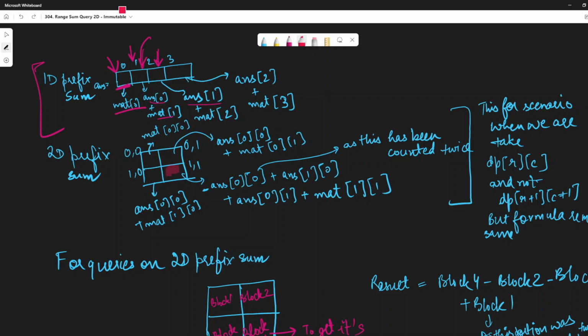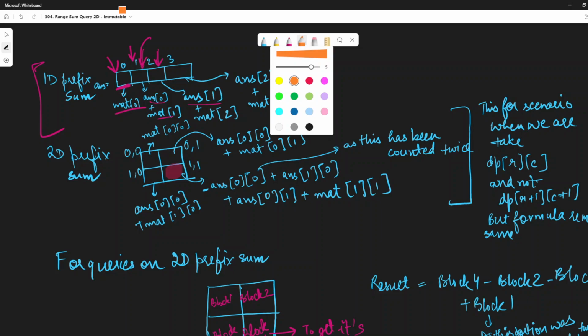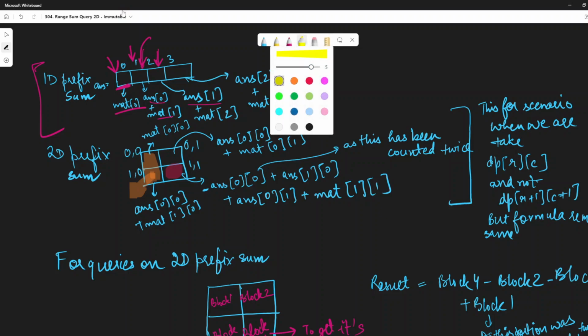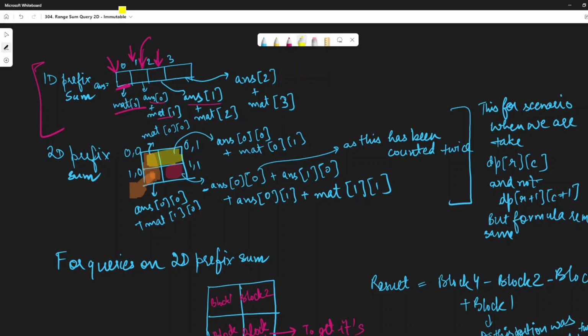At this block we would be having this particular sum, and at this particular block we would be having this particular sum, right?